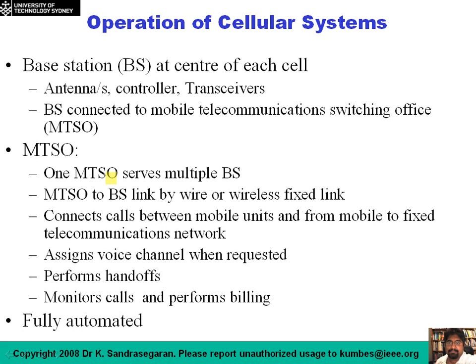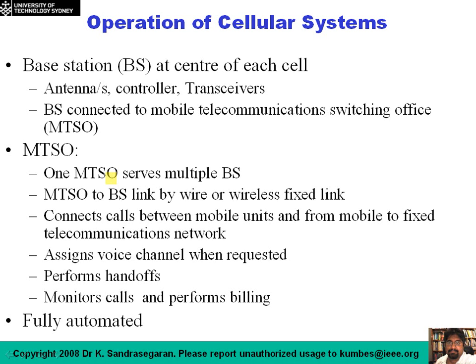The switching center is probably the most expensive unit. The MTSO or the MSC is the most expensive unit in a mobile network, because all of the calls have to be switched by the switching center. So all the base stations transmit the information to the switching center, and the switching center receives the instructions from the user and switches the call.